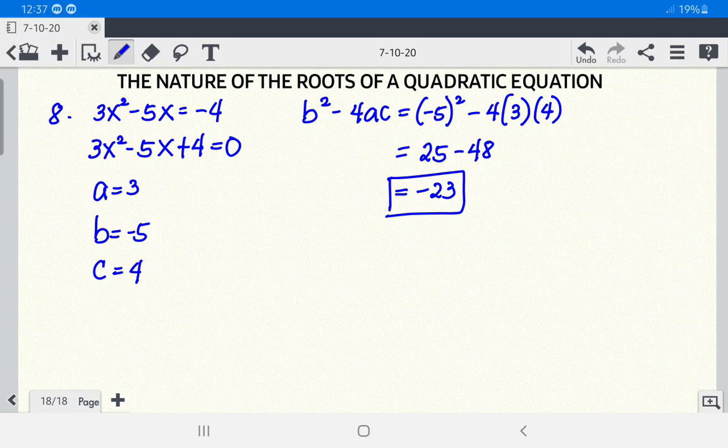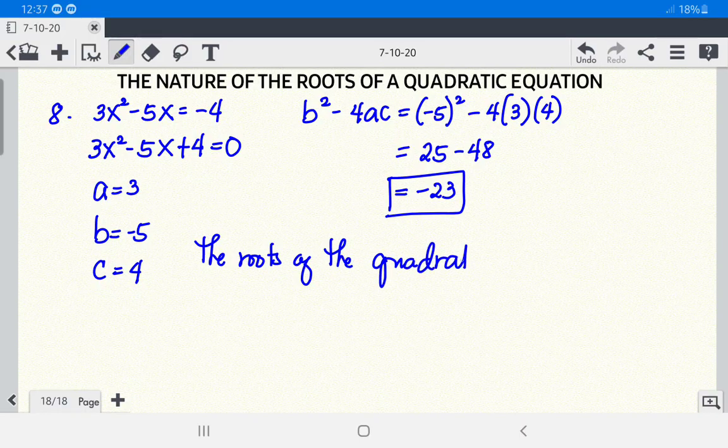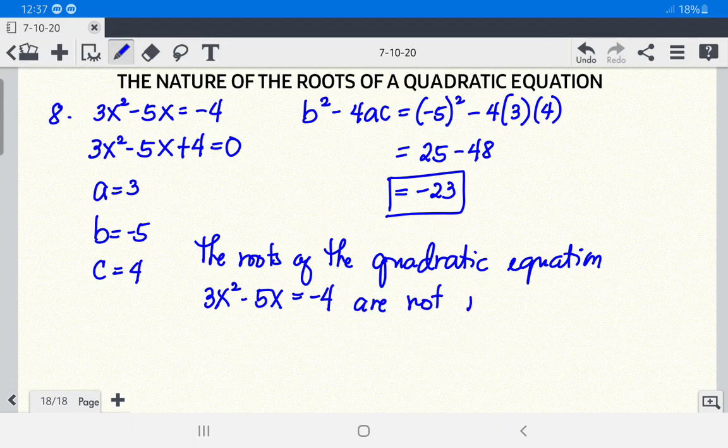So, negative 23 is less than 0. So, here we can say that the roots of the quadratic equation 3x squared minus 5x equals negative 4 are not real numbers.